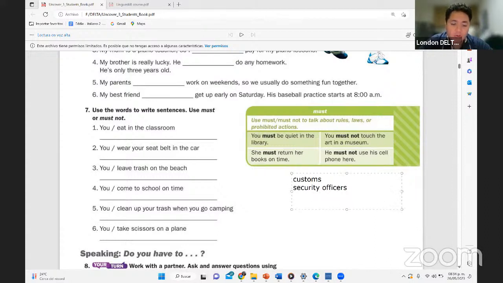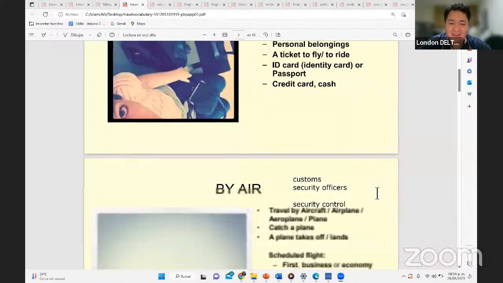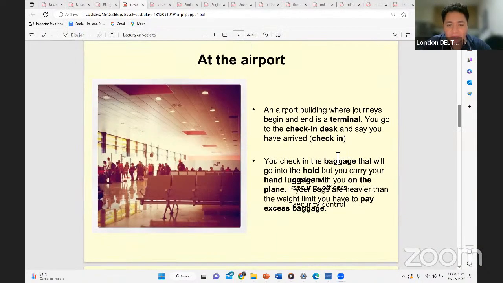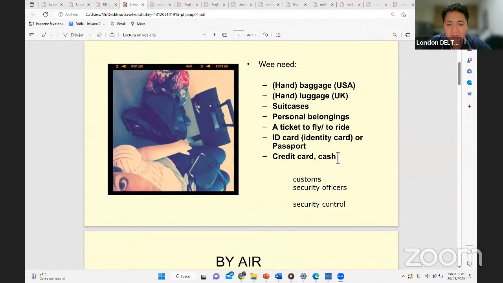So, usually you go through passport control. Passport control, bueno, perdón, ese todavía no. Security control. Security control es donde está la banda, no la banda que a lo mejor tienen en mente. Well, we call it in English, well, it's an electric band.